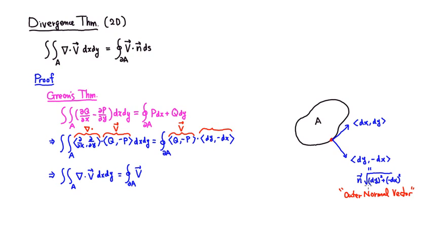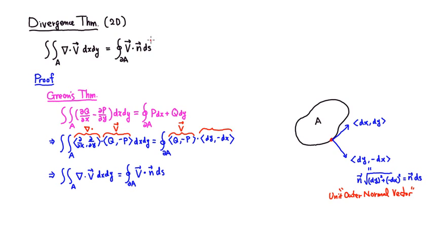This is exactly the arc length element, so I'm going to use ds. So we can rewrite this as a dot product with the outer normal vector. This is a unit outer normal vector, meaning the length is always 1, and then you have ds. So we successfully rewrote Green's theorem as the divergence theorem in 2D.